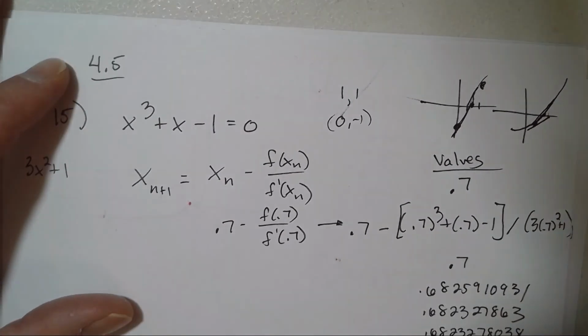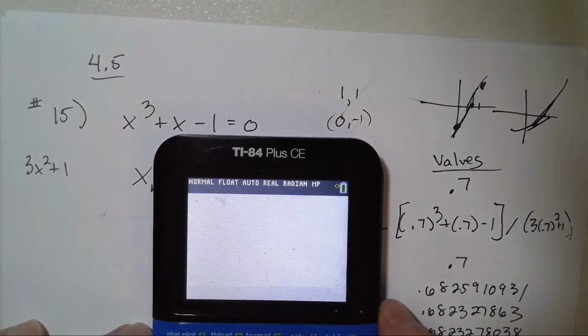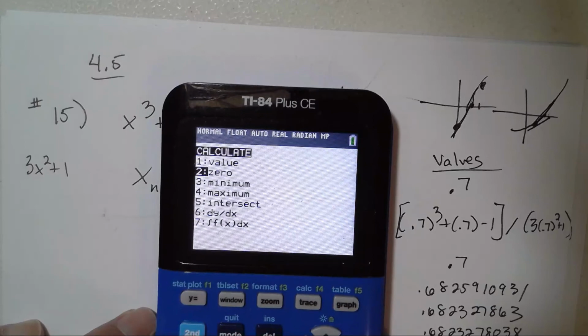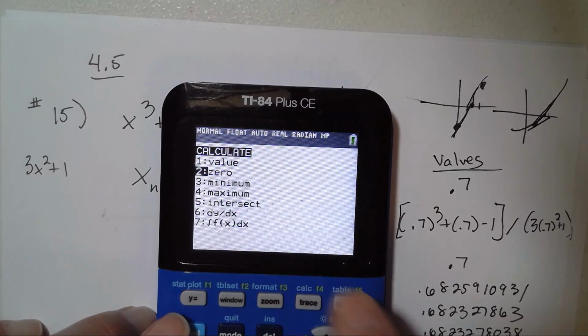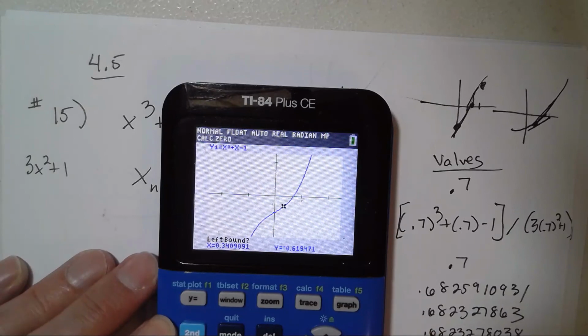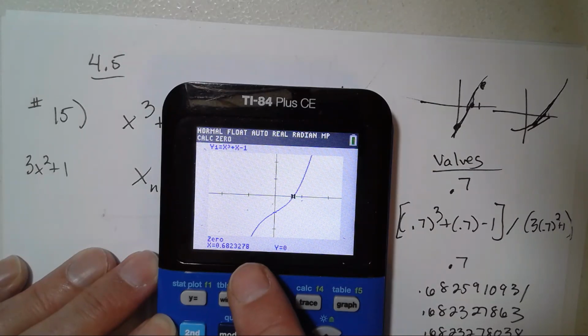Now if I went back to my graph and I wanted to calculate the 0, second calculate 0, put the cursor on the left side of it, hit enter, put the cursor on the right side of it, hit enter, and we can put it right on top of it, hit enter, and I get 0.6823278.